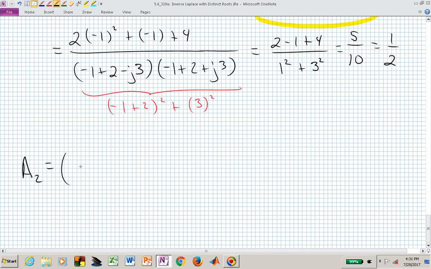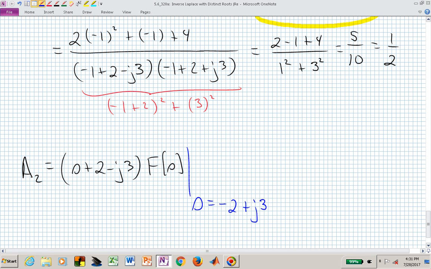So we now have s plus 2 minus j3 times F of s, and we are going to evaluate that at s equal to minus 2 plus j3, which is the value of s that causes that factor multiplying F of s to vanish.